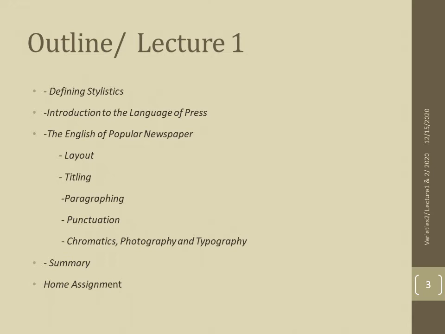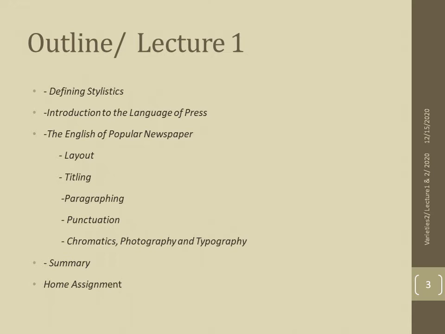Then you will be introduced to the language of the press, and we will see that in the press we have two kinds of newspapers: popular newspapers and quality newspapers. Of course, we're going to analyze each type separately. We're not going to do it in a simultaneous way.